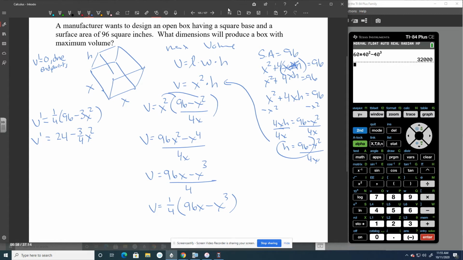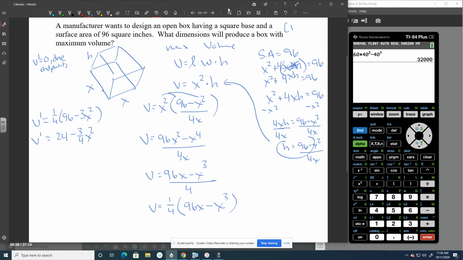If I wanted to check them, my smallest endpoint, because the bottom has to be a square, and what do we need to know? What's the smallest? I don't even think we need to worry about plugging these in, because technically it could be a 1 by 1 and it could be 96 tall. Well, no, it wouldn't.